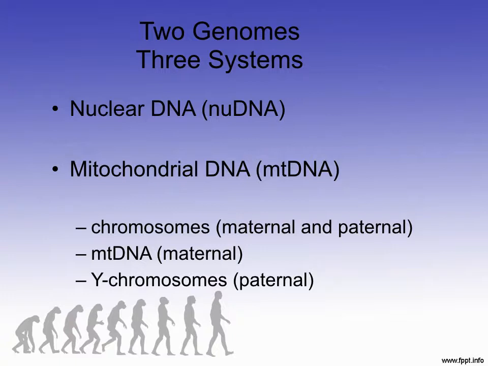Male offspring have an X chromosome from mom and a Y chromosome from dad. In terms of when we're studying in an evolutionary context, and thinking about how we study how people are related to each other, how different populations are related to each other, and even how we are related to other organisms, we can look at nuclear DNA.